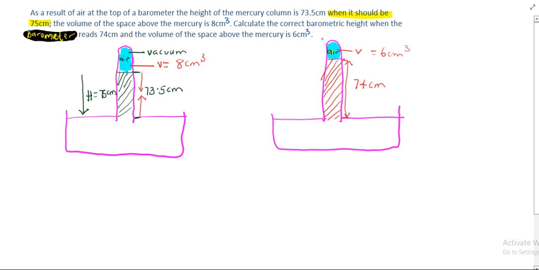So we have to calculate the correct height now. In this first instance here, let me label this first instance.